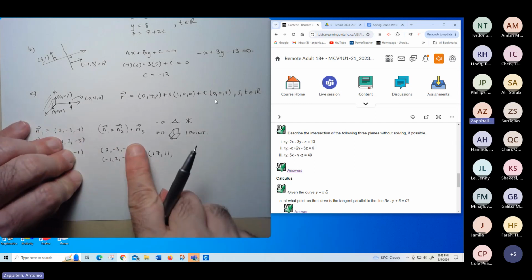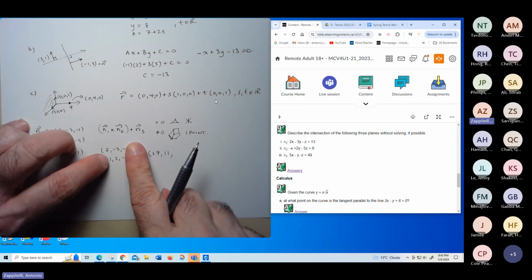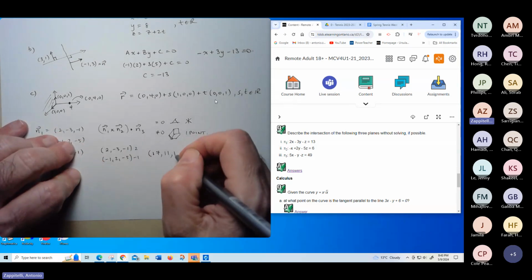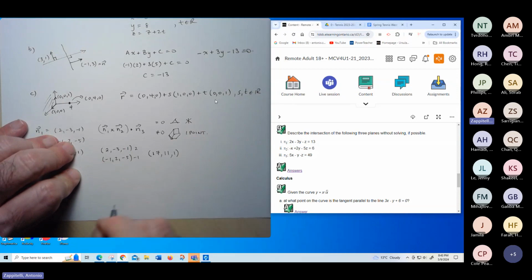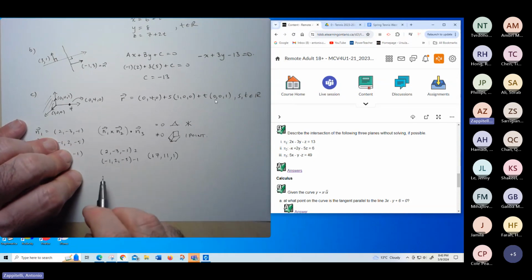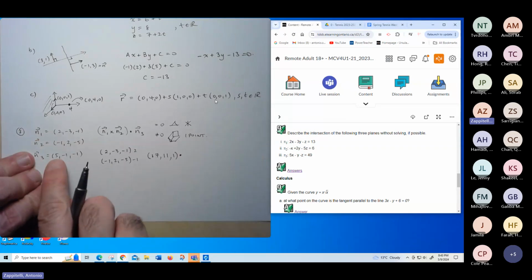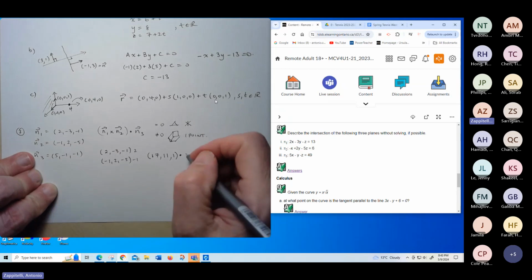Okay, and now let's hide the z's. We have 4 minus 3, which is 1. Okay, so that's this part here. We just took the cross product. And now I'm going to take the dot product with the third vector.